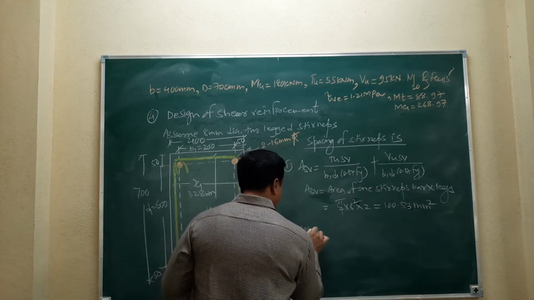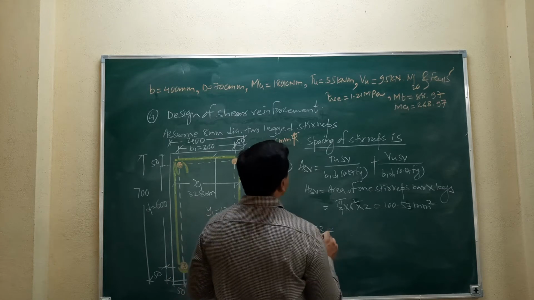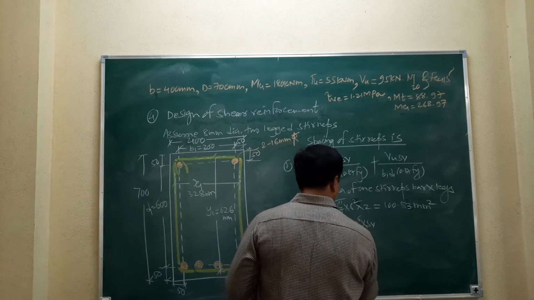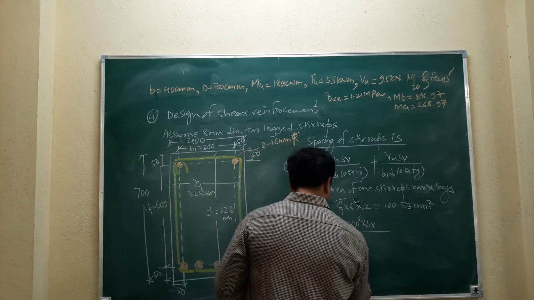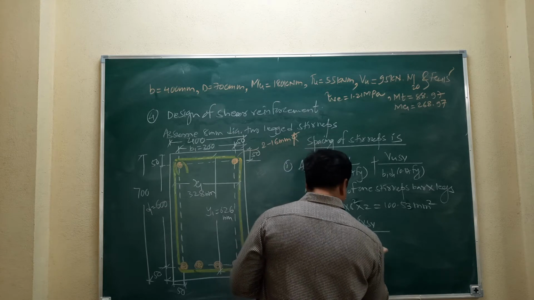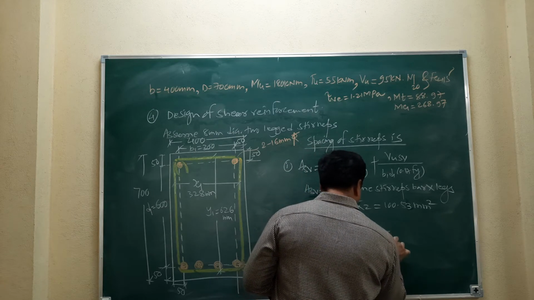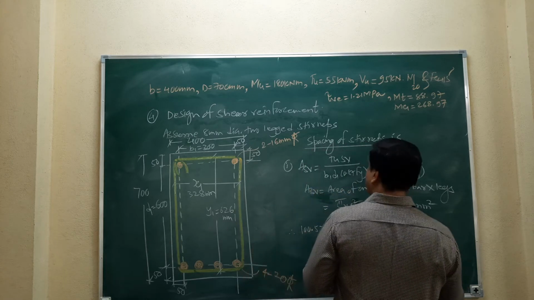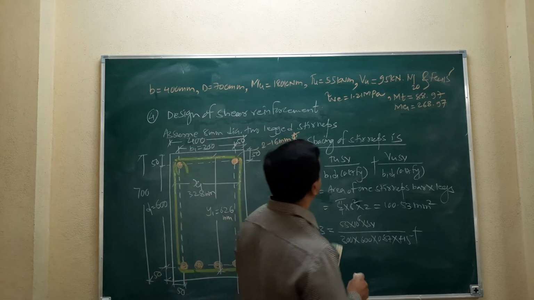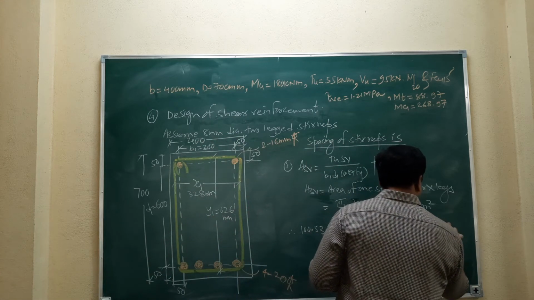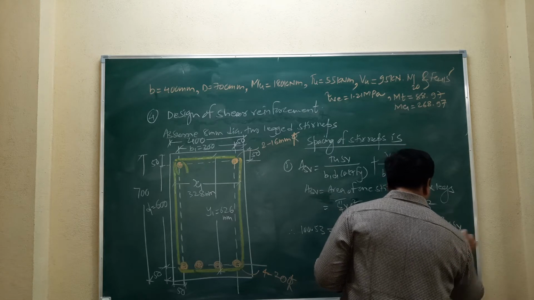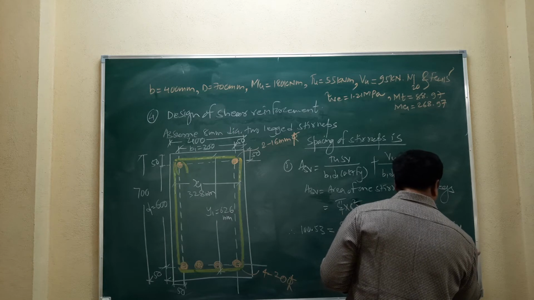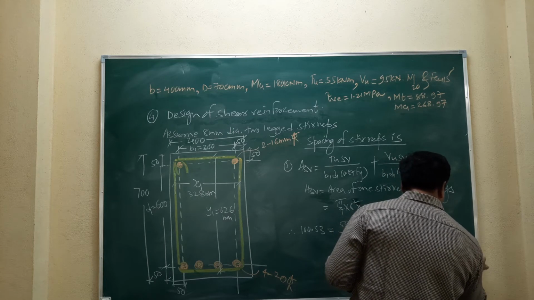So put this 100.53. TU is 55 into 10 to the 6. SV is the spacing. B1 is 300. D1 is 600 into 0.87 FY is 415 plus VU is 95 into 10 raised to 3. SV divided by 2.5. D1 is 600 into 0.87 FY is 415.